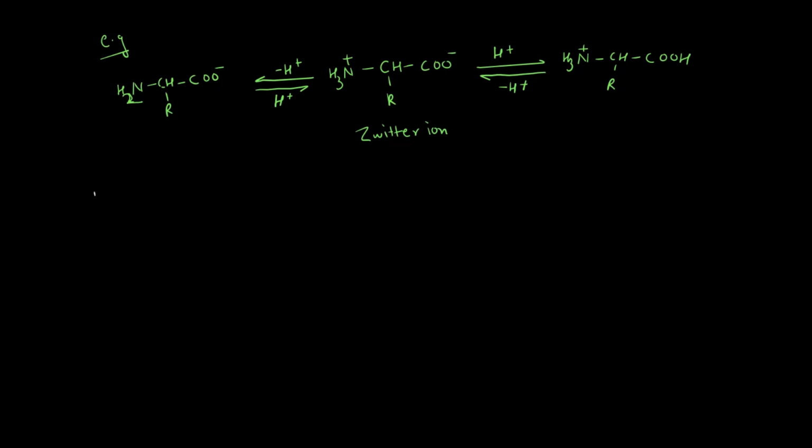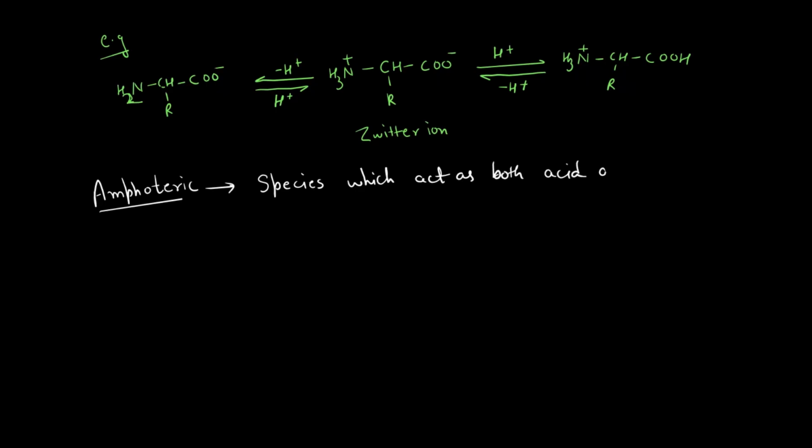Now what are amphoteric species? The species which act as both acid and base are termed as amphoteric species.